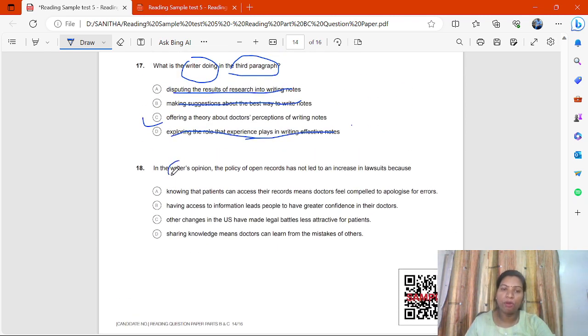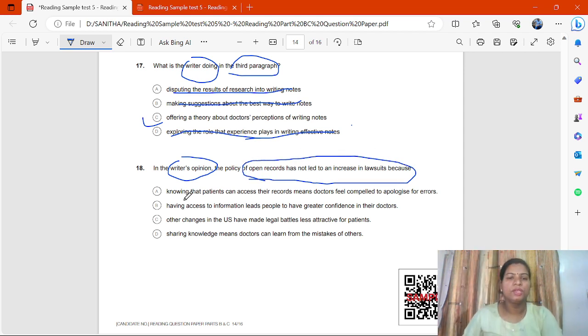In the writer's opinion, the policy of open records has not led to an increase in lawsuits. Why? Because, that's the keyword. Knowing that patients can access their records means doctors feel compelled to apologize for this. Having access to information leads people to have greater confidence in their doctors.